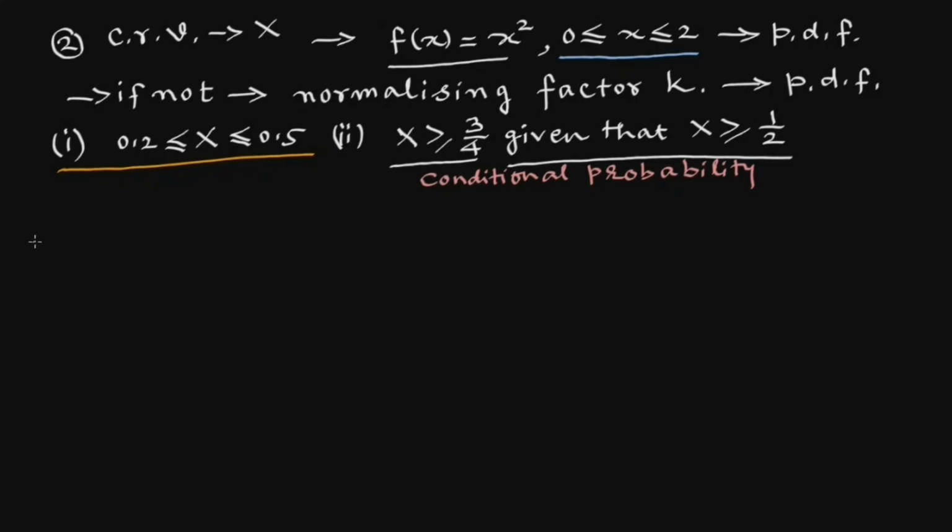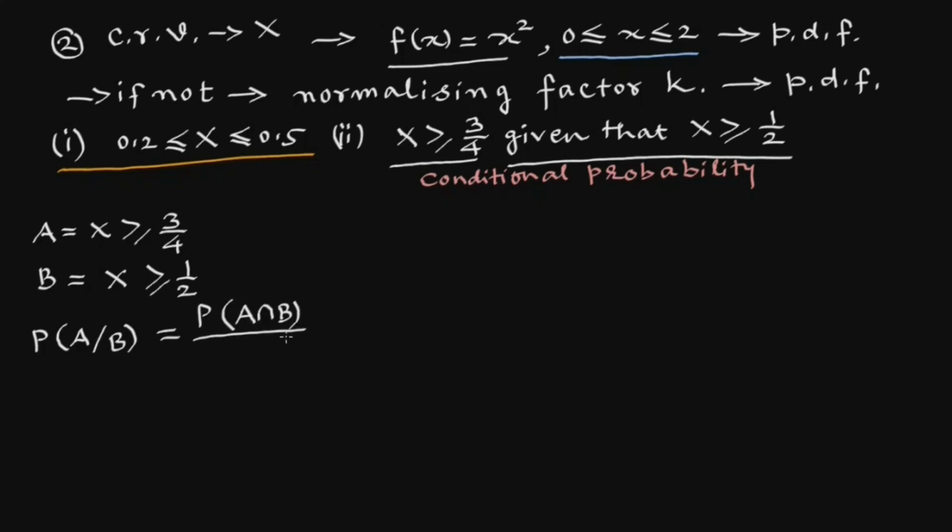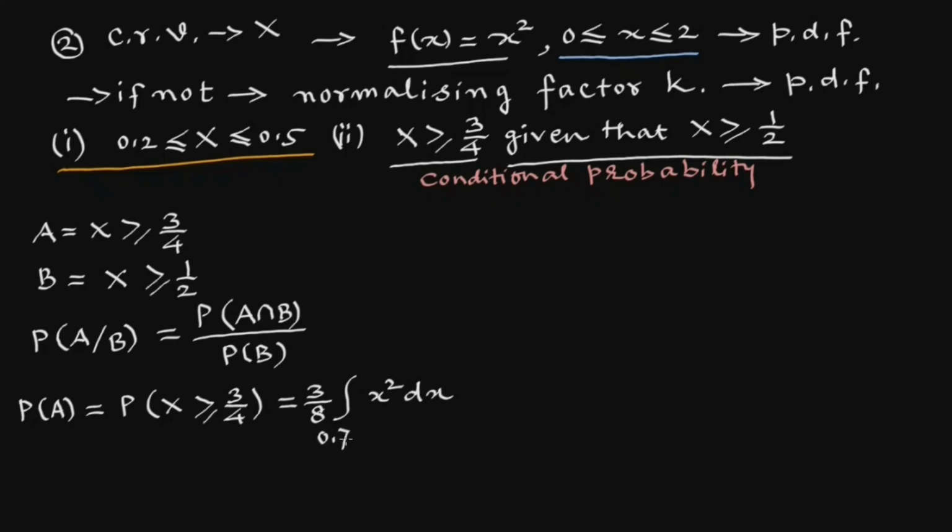So we assume A equals x greater than or equal to 3 upon 4 and B equals x greater than or equal to half, and we have the conditional probability of A when B has occurred equals probability of A intersection B upon probability of B. So let's find the probability of A, which is the probability of x greater than or equal to 3 upon 4, which will be 3 upon 8 integral x square dx from 0.75, which is this 3 upon 4, to 2, which is the higher limit of the domain.